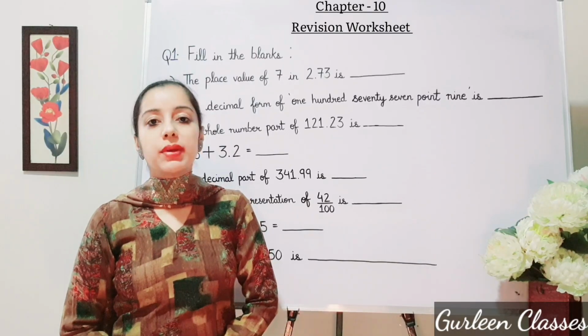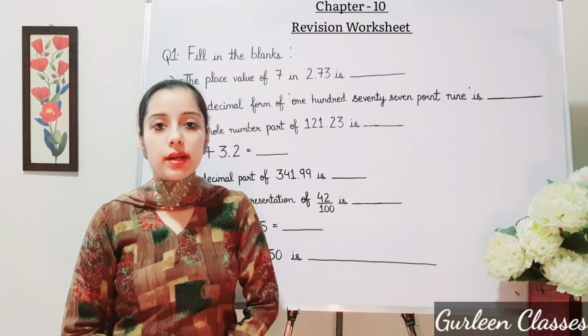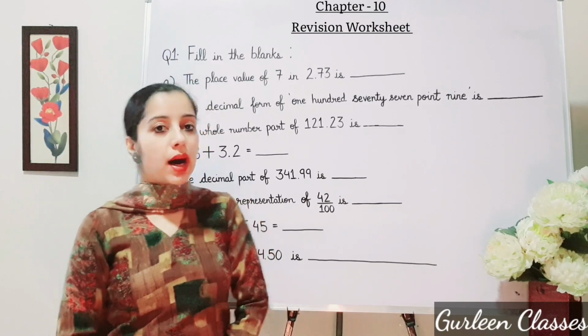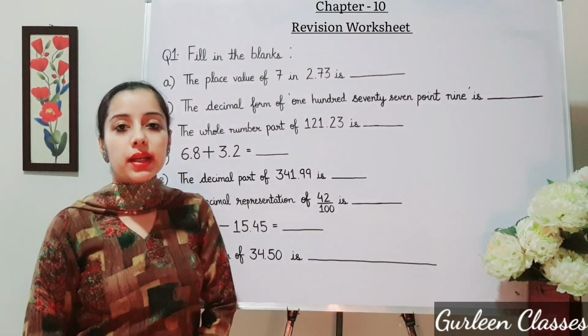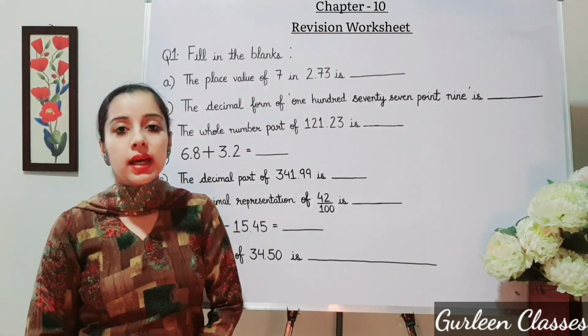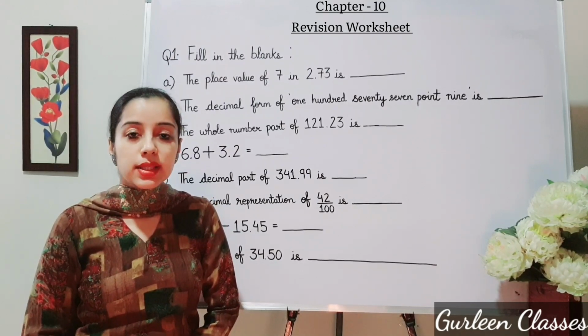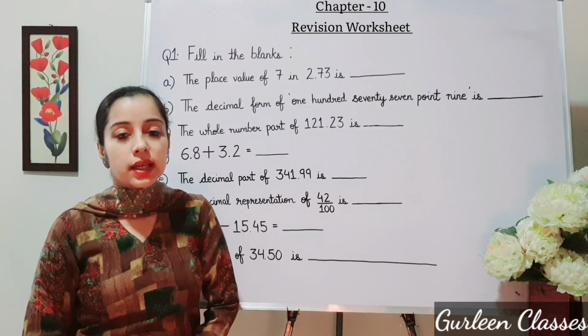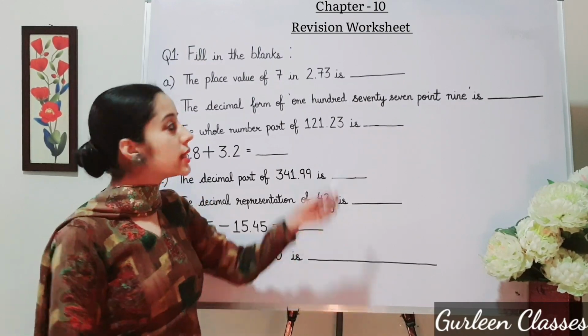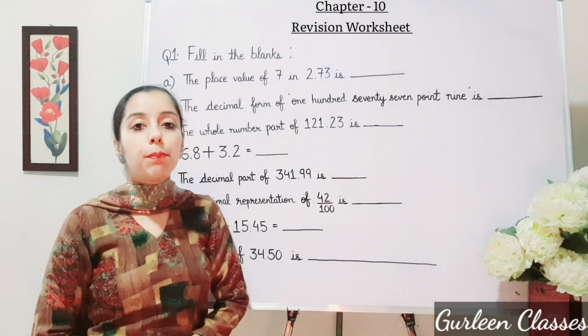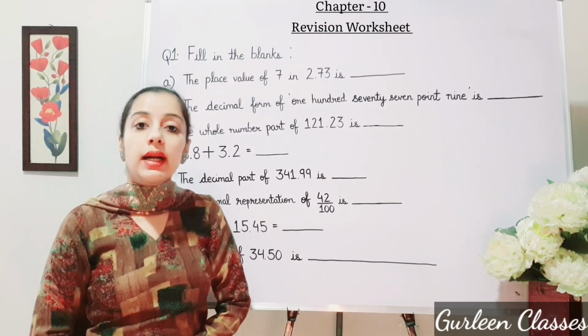So let us start with revision worksheet question number 1. Fill in the blanks. A part, the place value of 7 in 2.73 is, here we have to find out the place value. So the face value is the actual value of the digit. The face value of 7 is 7, into the place of 7, which is tenths.